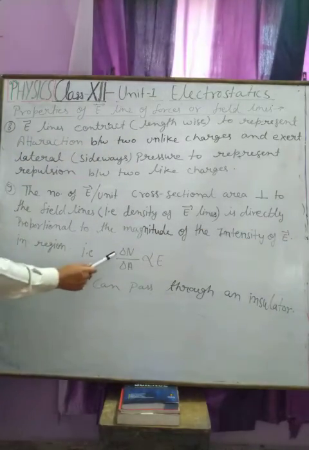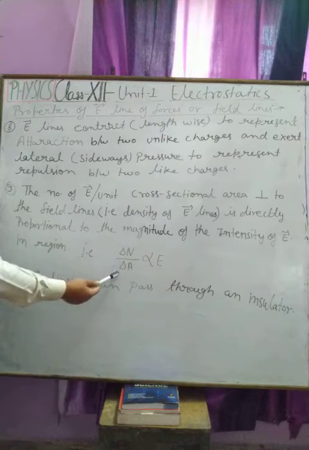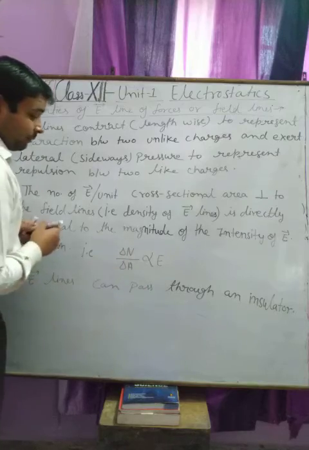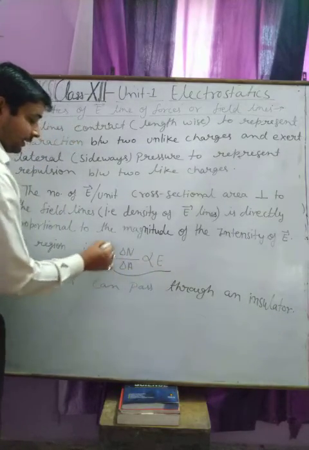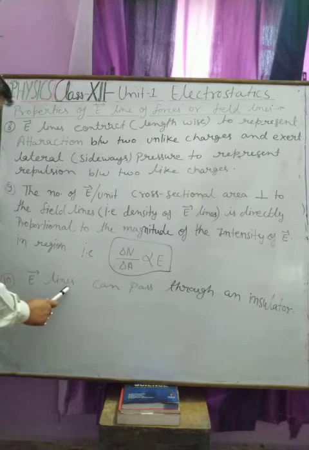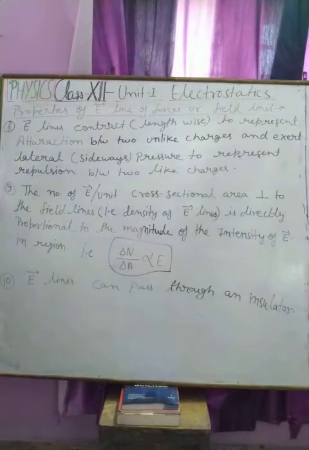That is, number of field lines upon the cross-sectional area is directly proportional to the magnitude of the field. And next, electric field lines can pass through an insulator. Copy this.